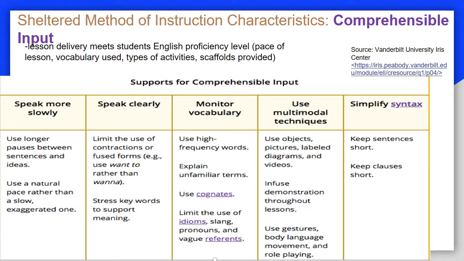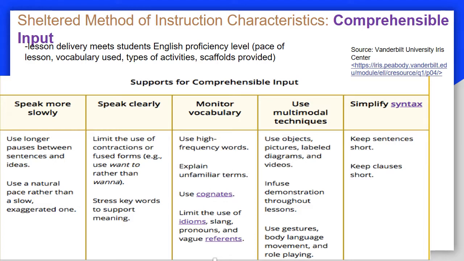A key component of the sheltered method of instruction is the concept of comprehensible input. We've discussed this in an earlier lesson, but let's review it quickly. Comprehensible input means that the lesson delivery is understandable for students of various proficiency levels.